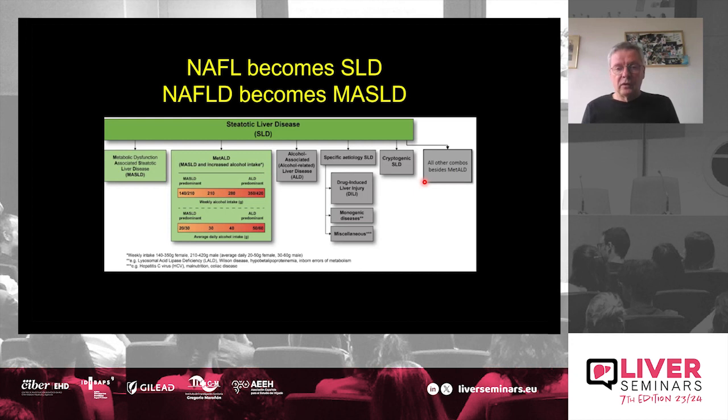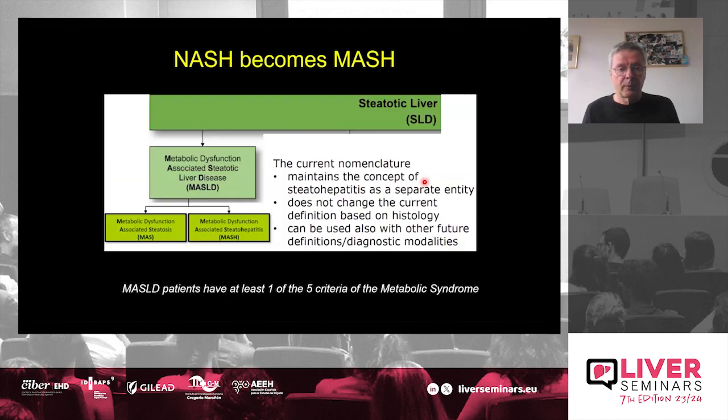I think it makes sense. But I would like to mention that with respect to my talk, the NAFLD and MASLD definitions are identical in the cohorts we study because most of the patients that we study are obese to start with.